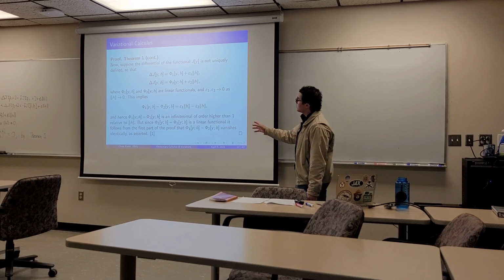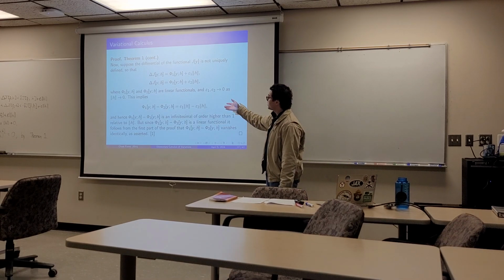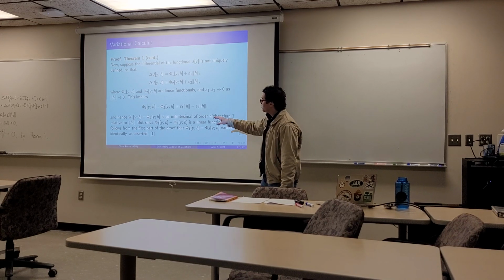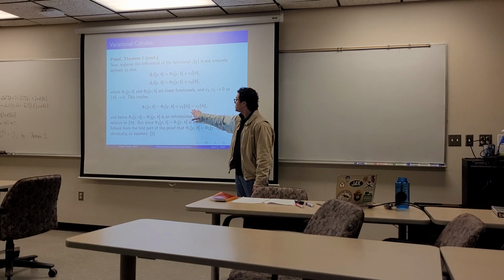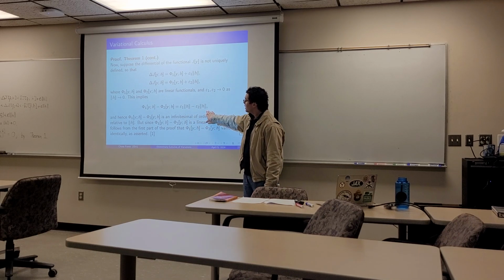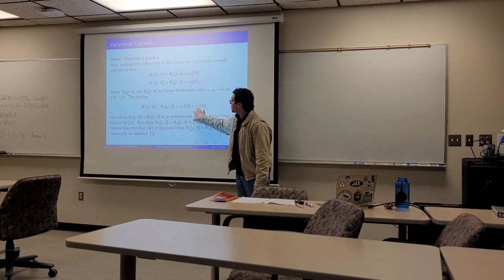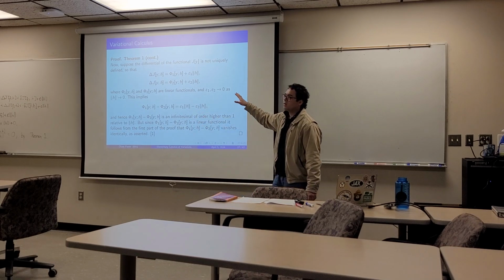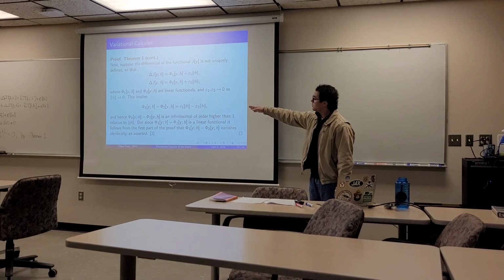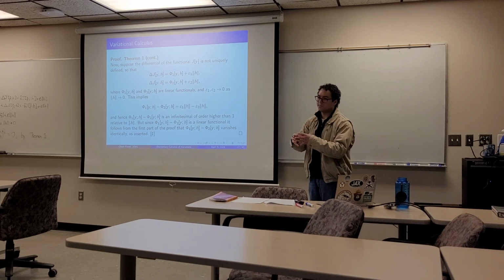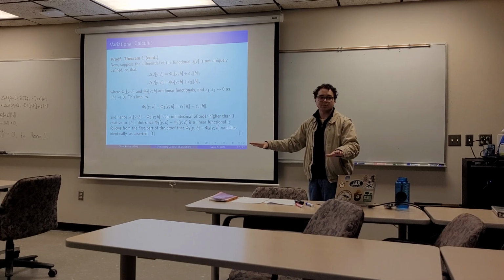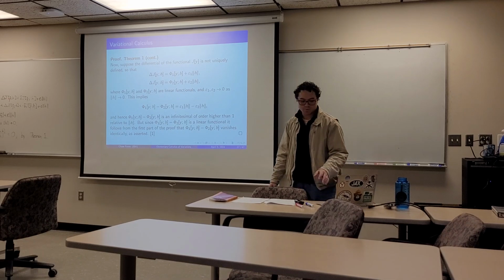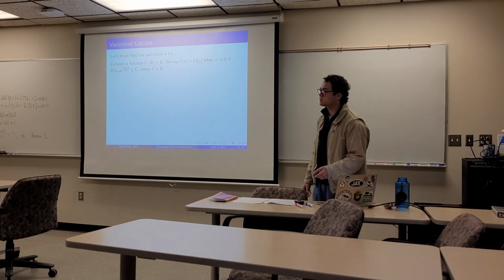So what this says is that if we subtract these two increments from each other and move the terms over, we get phi1 minus phi2 is equal to epsilon 1 times the norm of h minus epsilon 2 times the norm of h. And since these two are both infinitesimals, these are going to decay away faster than order 1. And so then this difference goes to 0. And if this difference goes to 0, then we can just move one to the other side and they're both equal to each other.